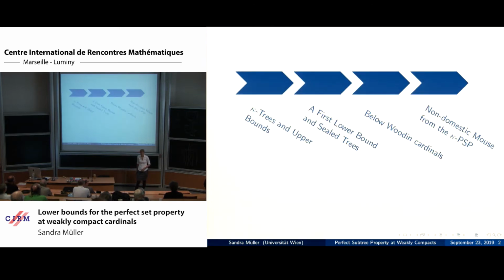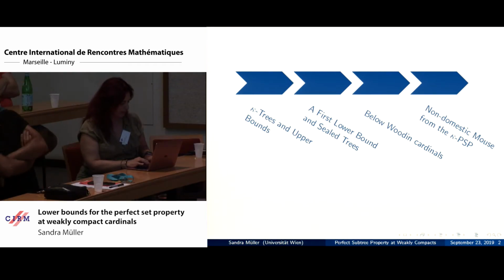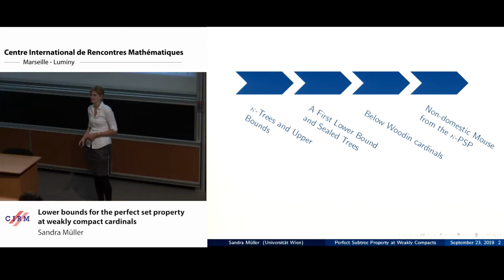And the outline is the following. I want to start with the tree side of it. I want to just give you some background, what kind of trees we consider. And I will give you some rather easy upper bounds for the combinatorial property. Then I will give you a first lower bound as a warm-up, and this will motivate the notion of a Sealed tree.